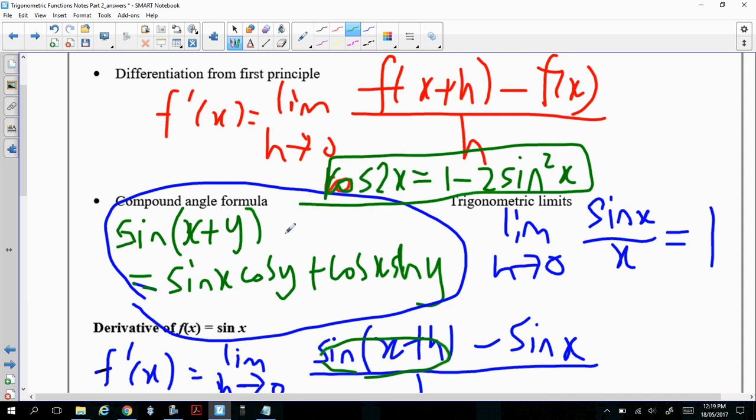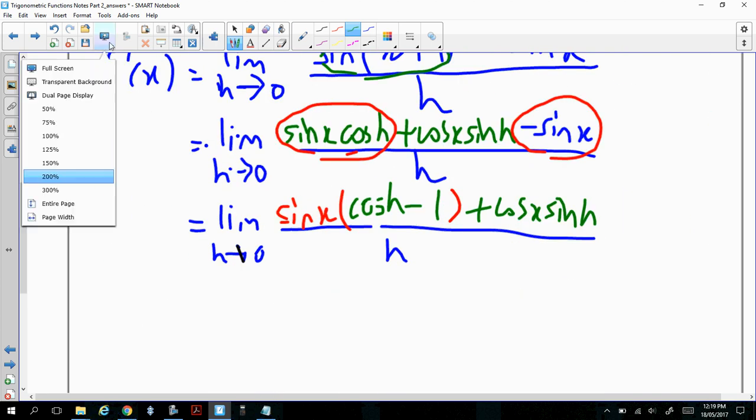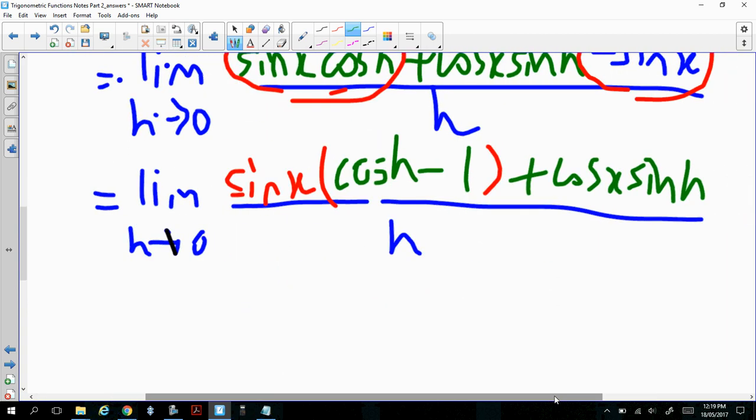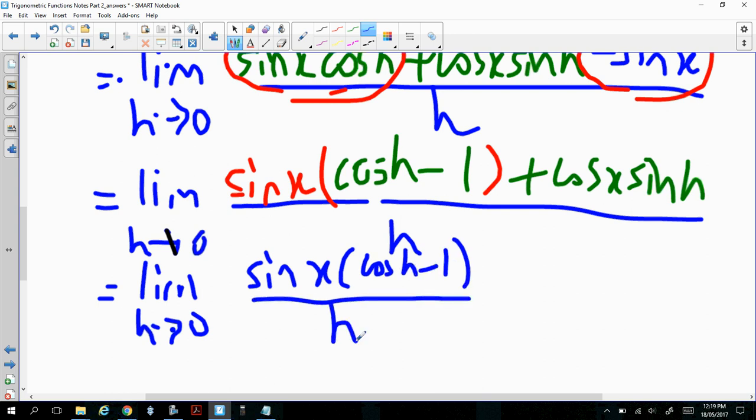Okay, so we're going to continue with our proof. Now we can split into two things. We split the fraction into two: sine x times cos h minus 1 over h, plus the limit as h approaches 0 of cos x sine h over h. So we split into two fractions and two limits.